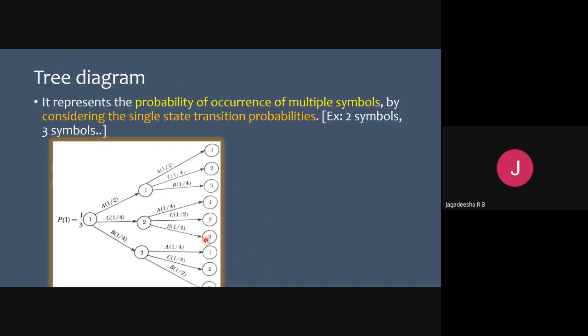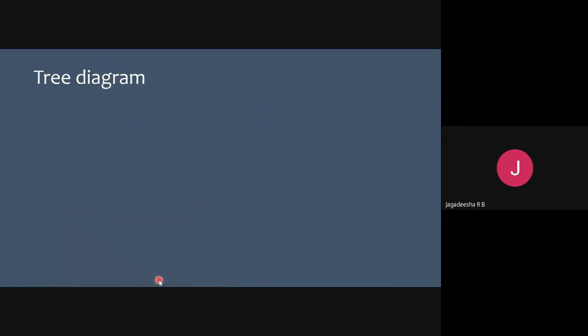Okay, now we will continue further. Initial state was 1, and we saw how to arrive at state 3. And then from state 3, what are the different possibilities based on the previous state diagram? From state 3 also it can go to 1, 2, or 3. And what are the different symbols generated? Let us see that from the previous state diagram.